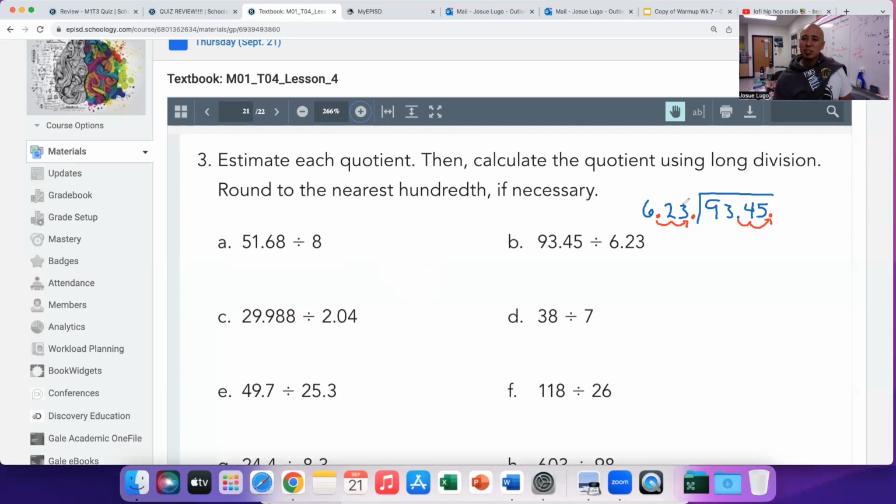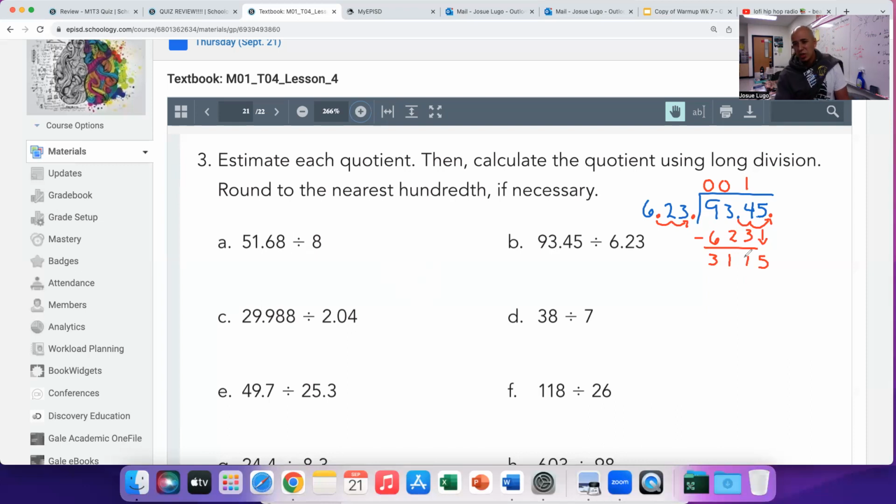Now that may seem difficult, but this is actually not that bad, because we know that 623 does not go into 9, and it does not go into 93, but it does go into 934 one whole time. 623 times 1 is 623. And when we subtract that, we're going to get 311. Bring down the next digit. Now that may seem very difficult.